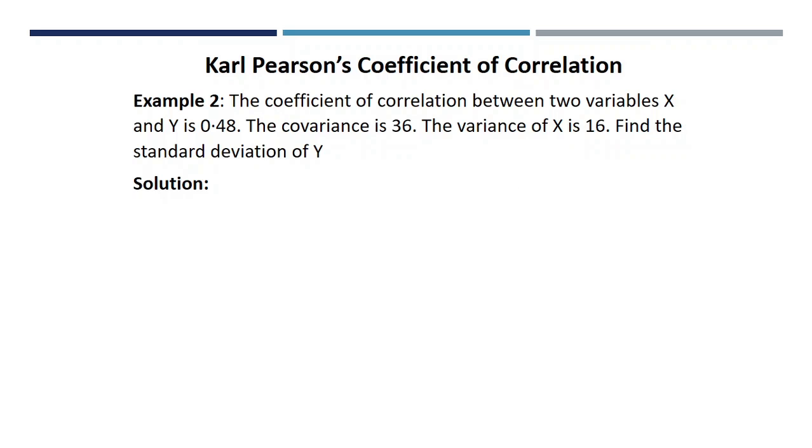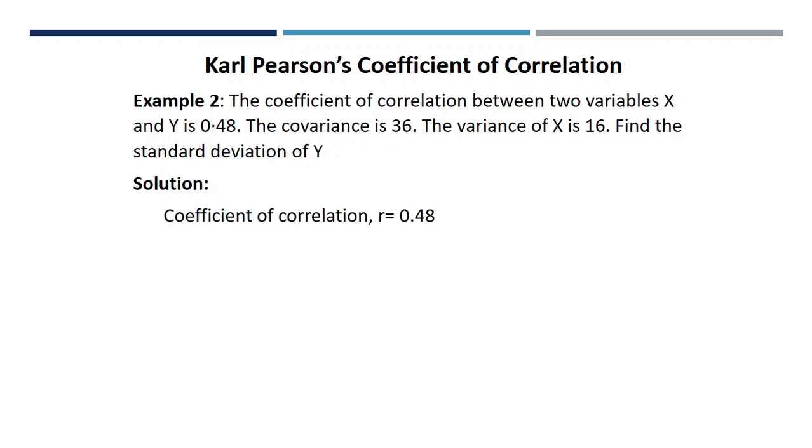Another example: the coefficient of correlation between two variables x and y is 0.48. The covariance is 36. The variance of x is 16. Find the standard deviation of y. So we are given the correlation coefficient, the covariance and the variance of x.